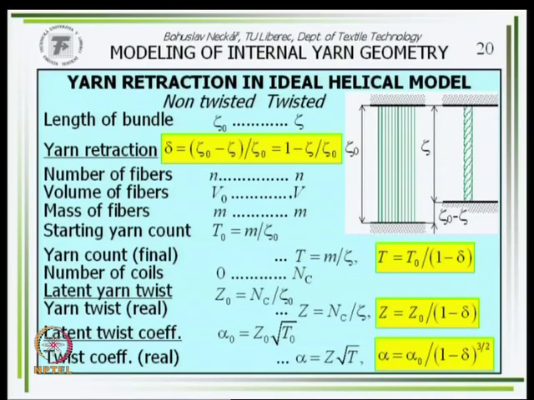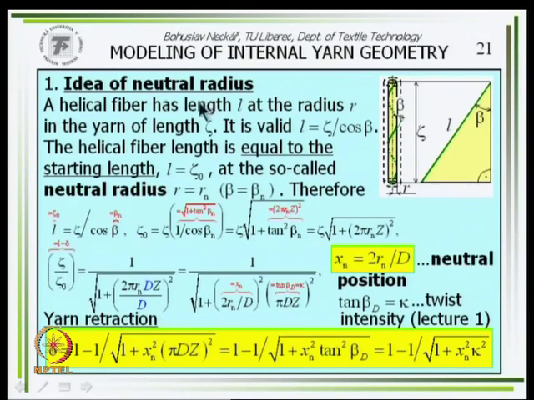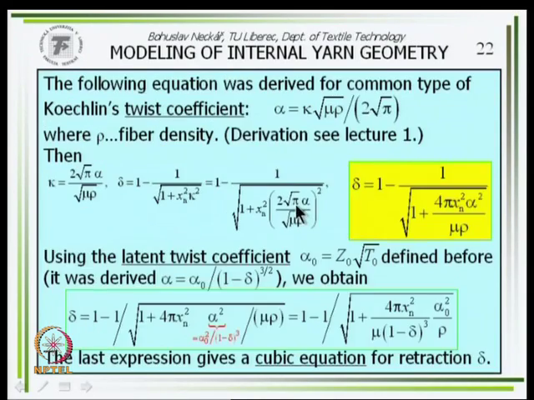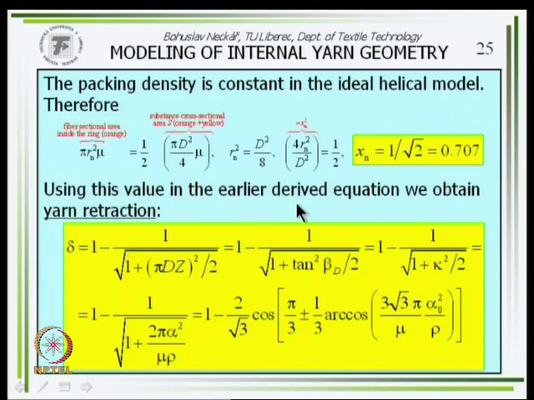When somebody studies the problem of yarn retraction more deeply, he can use my slides and from these slides immediately understand also the first and the third version. So the first version is the idea of neutral radius according to Obuch or Bassett. We will not do it.